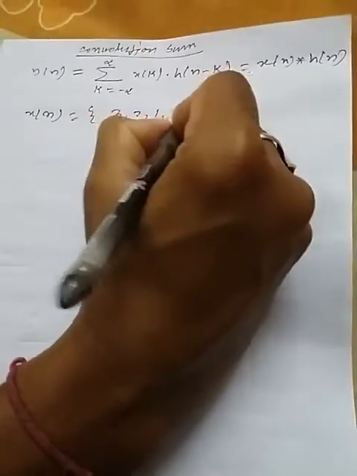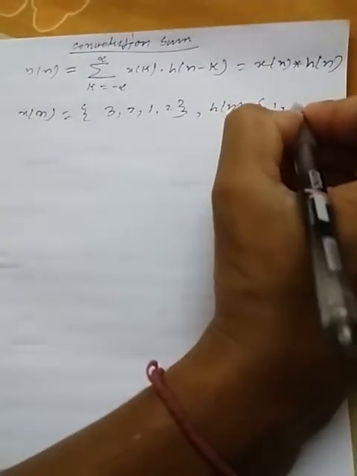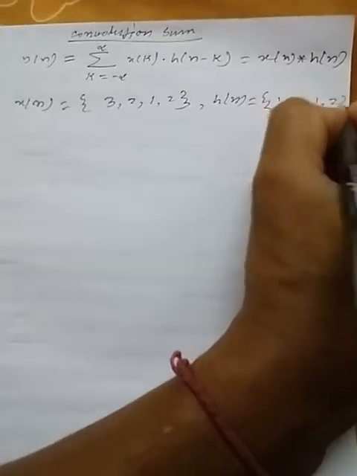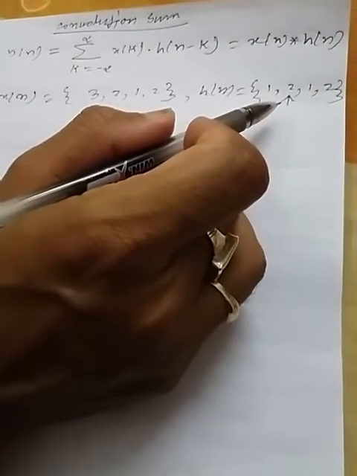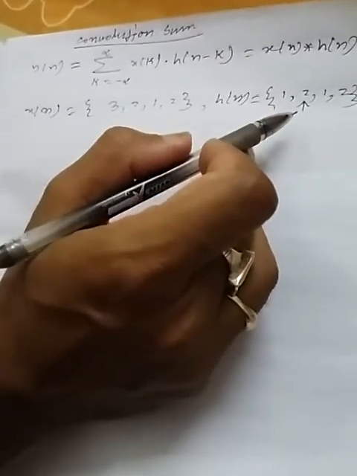Let x[n] equal 3, 2, 1, 2, and h[n] equal 1, 2, 1, 2 with an arrow. The arrow indicates the 0th position. We have to perform the convolution between these two sequences.